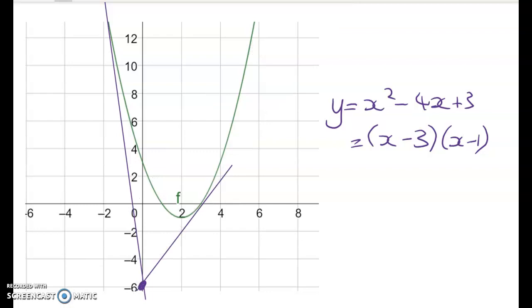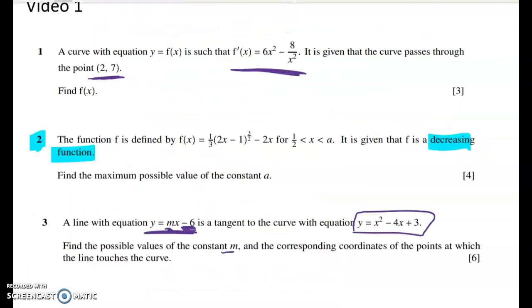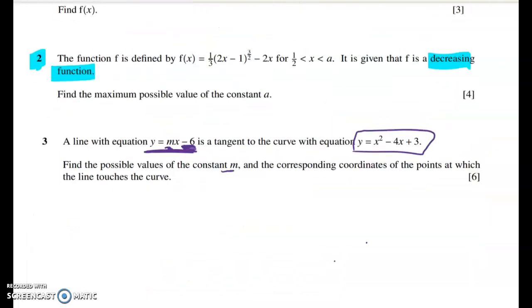And so just from looking, you can see where they're going to come out. Now, I'm not expecting that in the exam that you would draw that accurate a sketch, but I'm trying to show you that drawing a sketch is always a good thing to do when you can. So there are two different ways to do this question, right? The first way is to think that at the 2 points, we know that the y values must be the same.